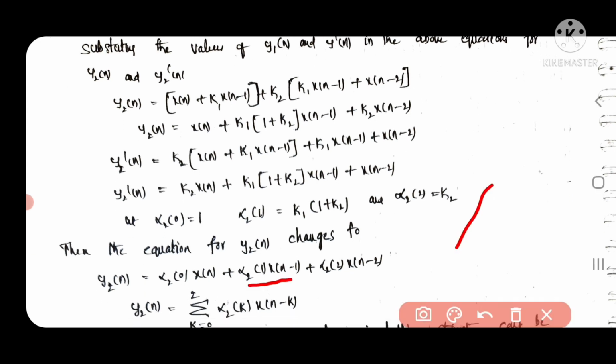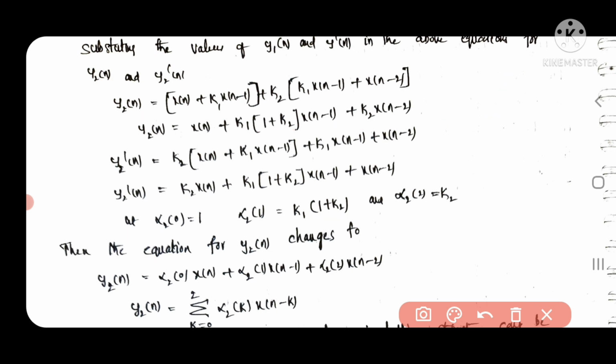Alpha 2 of 0 is equal to 1, the first value is 1, we don't have any constant. Alpha 2 of 1 is equal to k1 into 1 plus k2 and alpha 2 of 2 is equal to k2. These are the values from this equation.